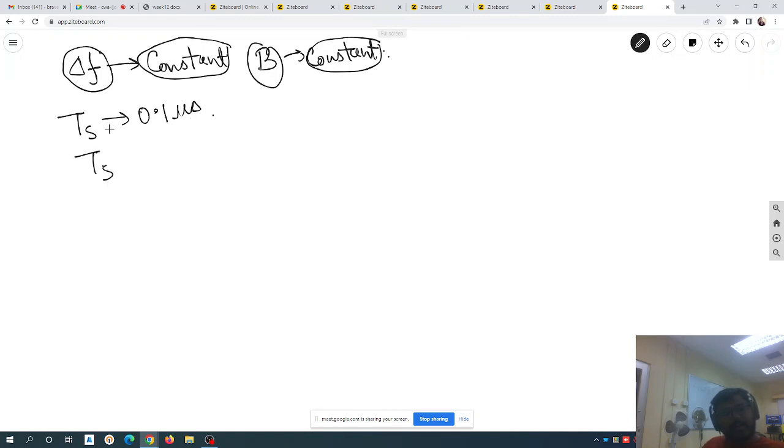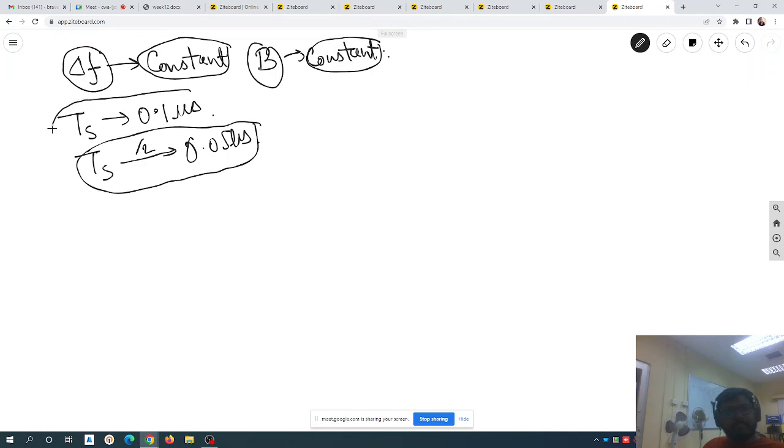Now I decrease this Ts by a factor of 2, and it becomes 0.05 microsecond. So my question is, if I keep this delta f constant, for the first case n was 4096, so if I keep all these things constant, what should be the new n?